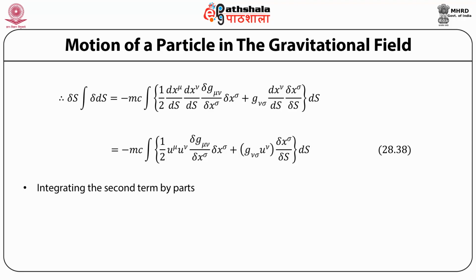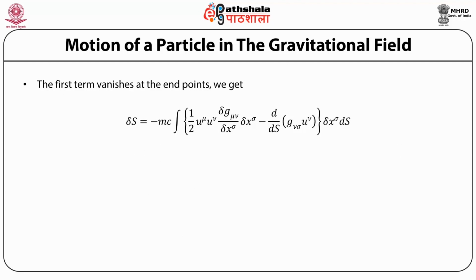Integrating the second term by parts, we have ∫g_νσ u^ν δx^σ = g_νσ u^ν δx^σ − ∫d/ds(g_νσ u^ν) δx^σ.